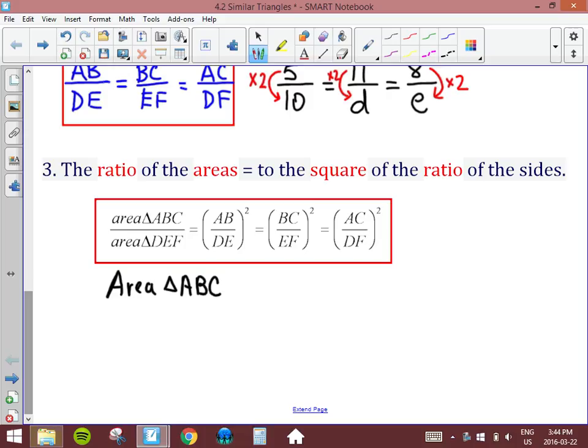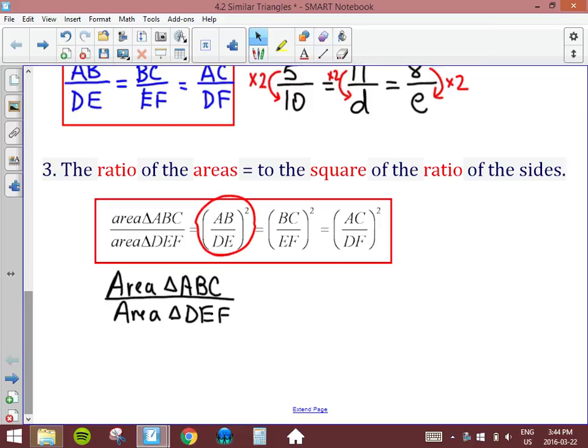If I wanted to compare the two areas, and I'm going to use the triangle from the question above, I could choose any one of the pairs of sides. I could use AB and DE, BC and EF, or AC and DF. Because the question above gives me side AB and side DE, I'm going to use that first pair.